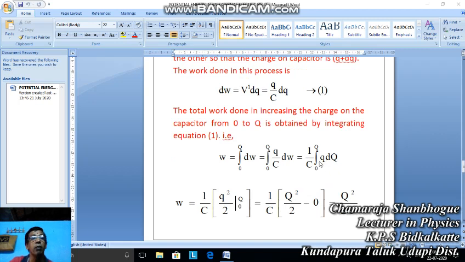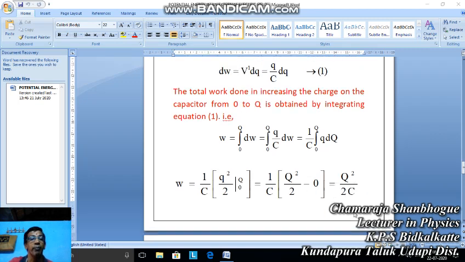Integration of x dx or q dq is nothing but q square by 2. Substituting the limits, first you put the upper limit, replacing small q by capital Q, minus the lower limit which is 0. So we get the total work done in charging the capacitor from 0 to Q is Q square by 2C.